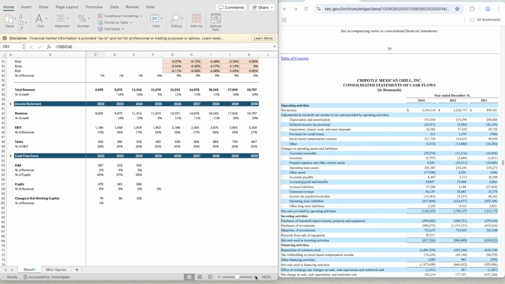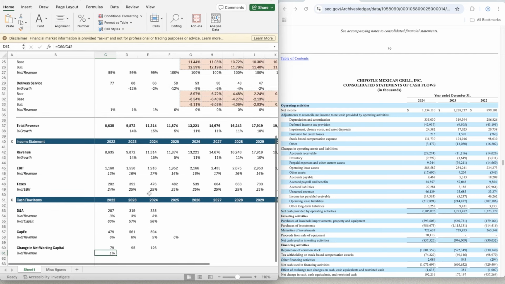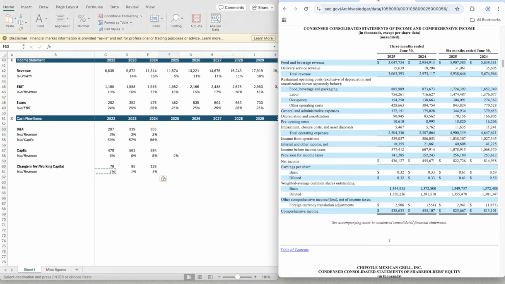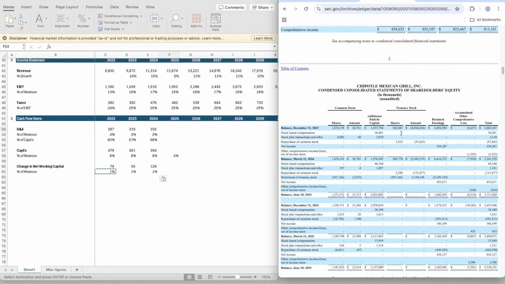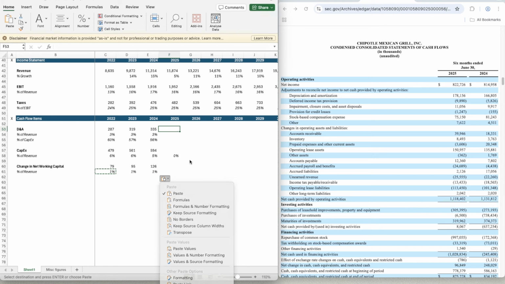You can zoom in a bit more if that's helpful. Then we need to go to 2025.